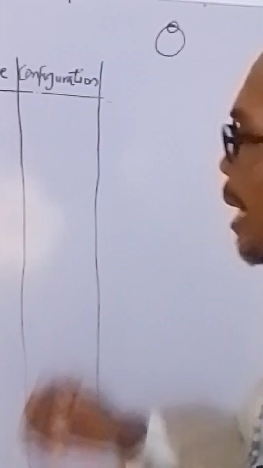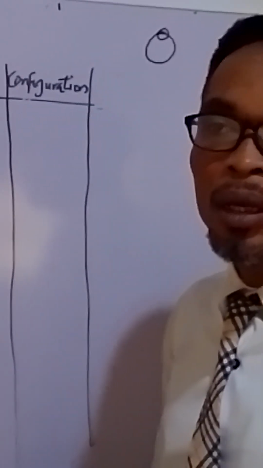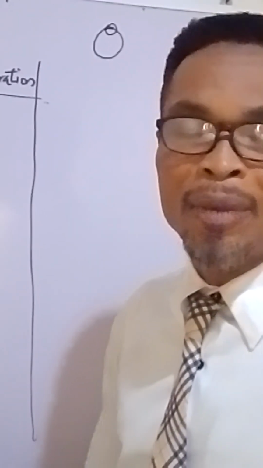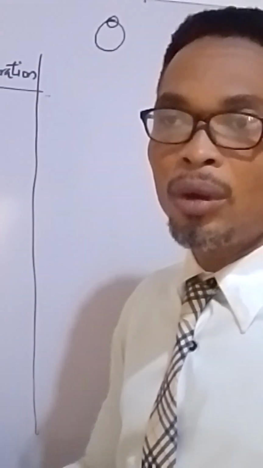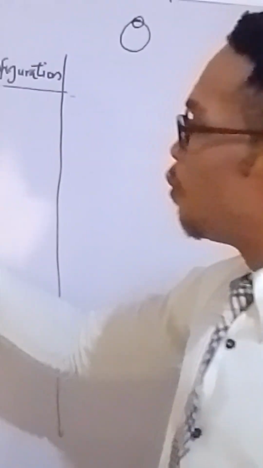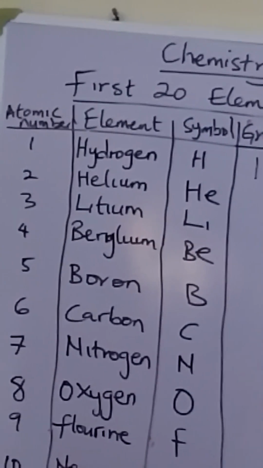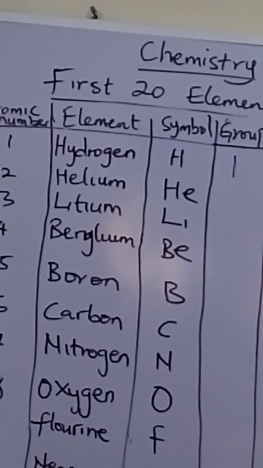Now, I am going to teach you something concerning helium. Every element has a first shell that must be filled with 2 electrons. So for helium that has atomic number 2, this one is how hydrogen looks, and this is how helium looks.